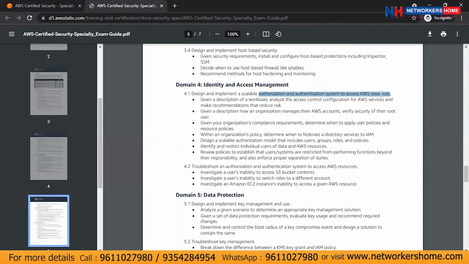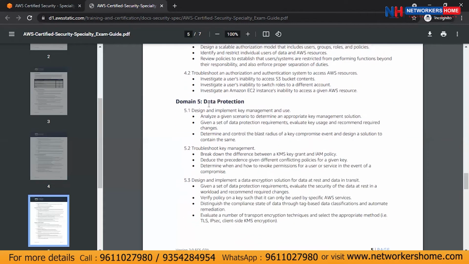If you look at the VPC part, security group is there, ACL is there. We filter traffic based on protocol and address. If you go to S3 bucket, KMS service, those services have resource-based policy. Like Glacier, vault access policy is there. Understand? Then troubleshoot authorization and authentication systems to access AWS resources.